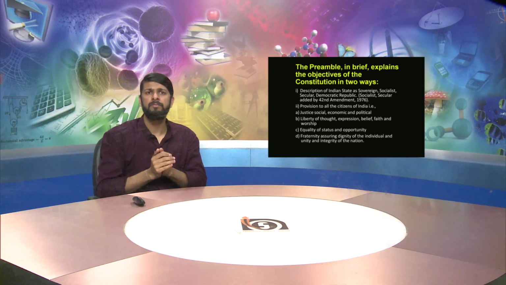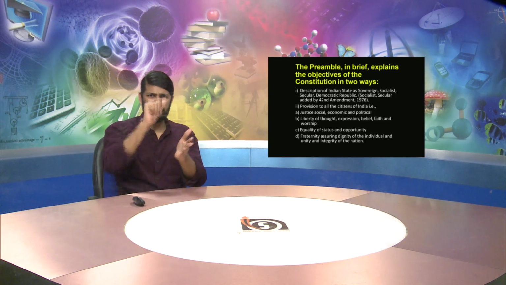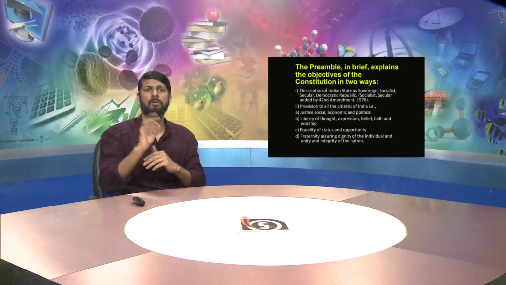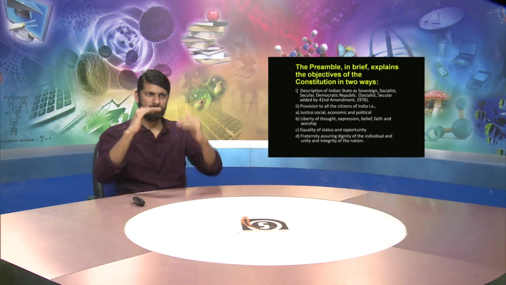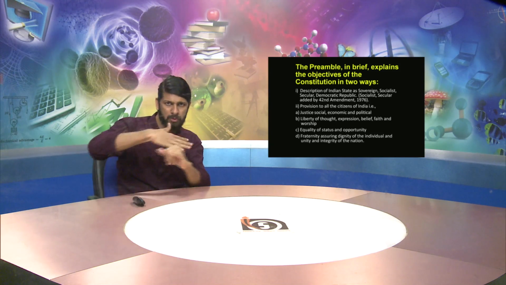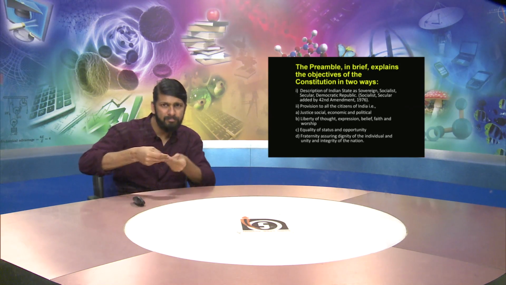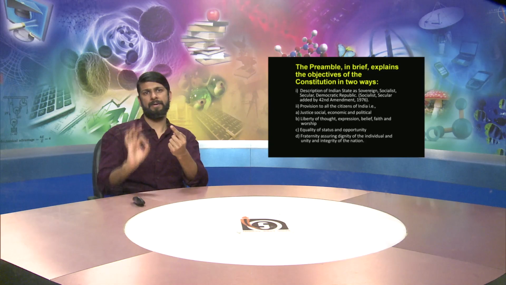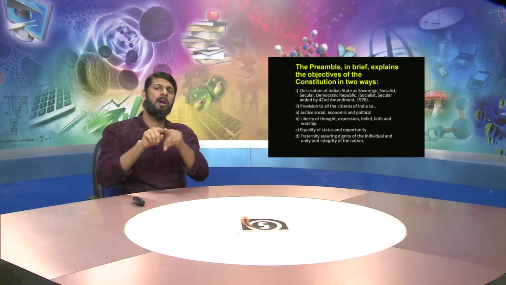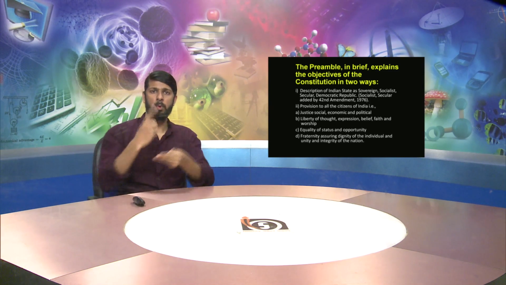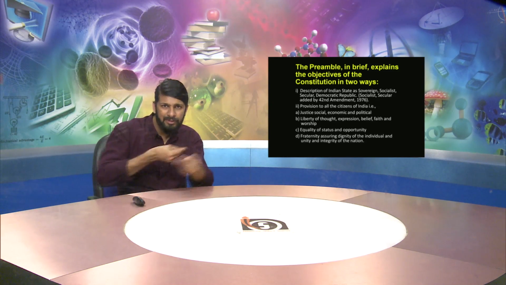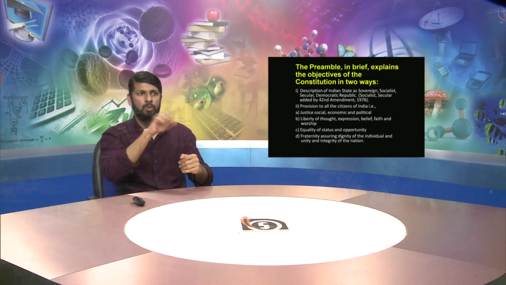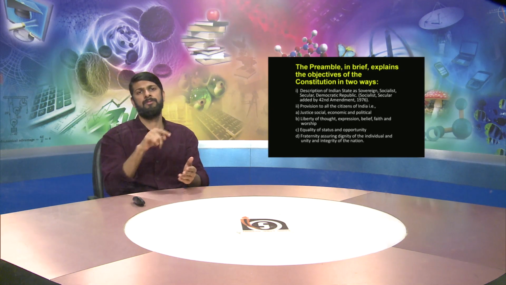The second point, which is on the screen, tells the provision to all the citizens of India about justice: social, economic, and political, in all the areas of life.